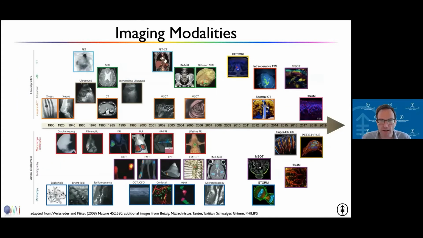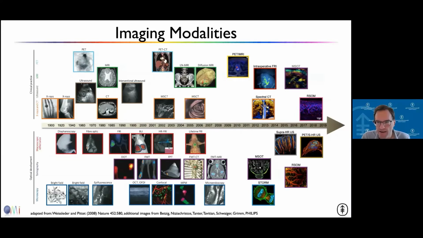Now here are all the imaging modalities based on a paper from Weissleder in Boston. And I extended it with some additional modalities here. So PET MRI, and now spectral CT, intraoperative fluorescence reflectance imaging. Then there is multispectral optoacoustic tomography, so optoacoustic imaging. There is a high resolution version of that.